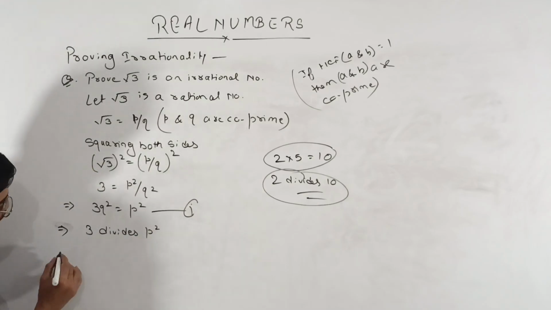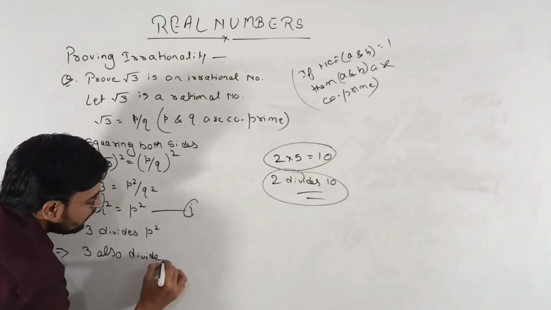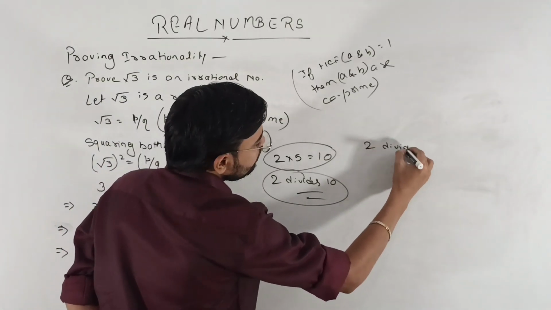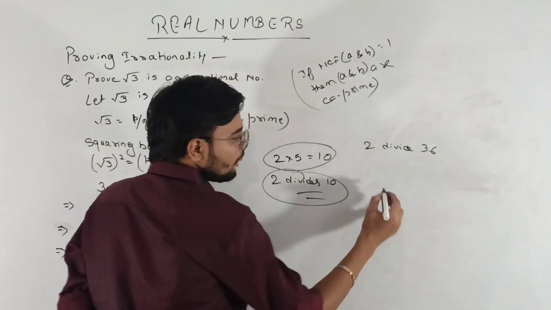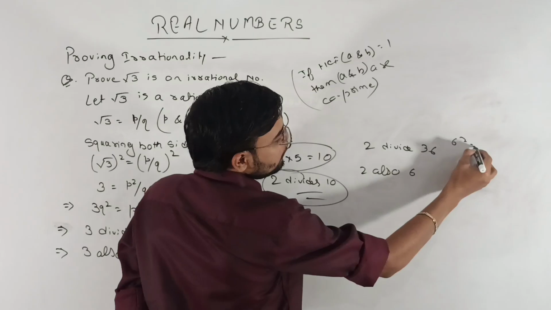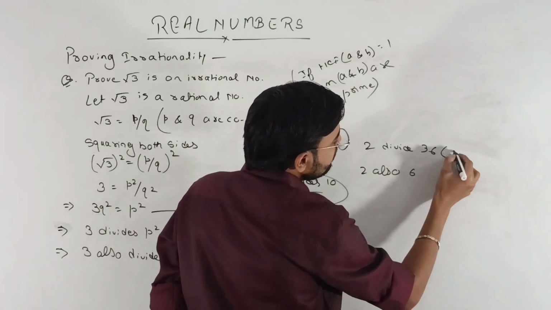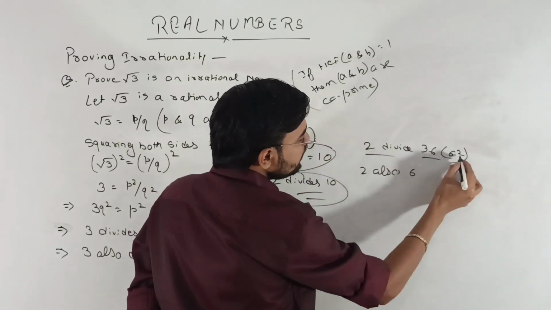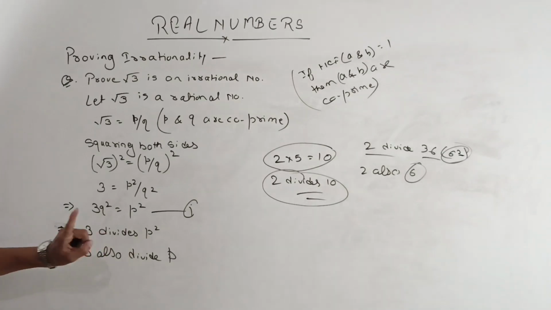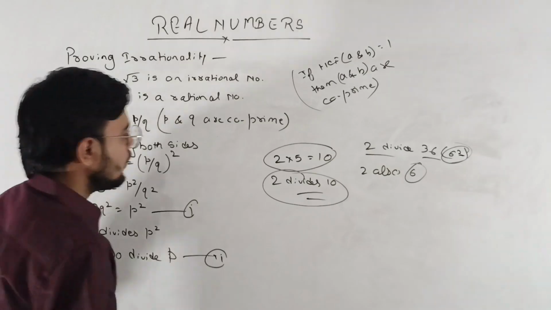And now if 3 divides p squared, then 3 also divides p. Suppose 6 squared is 36. Then if 2 divides 36, which means 6 squared, then 2 also divides 6. Similarly, if 3 divides p squared, then 3 also divides p. Now this is our equation number 2. Understood?